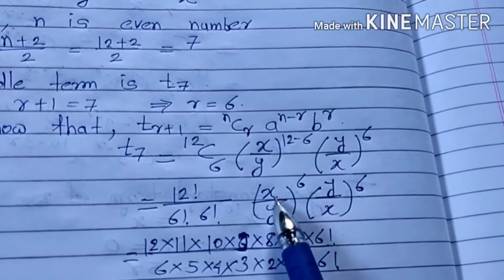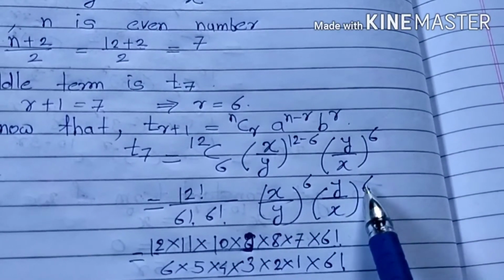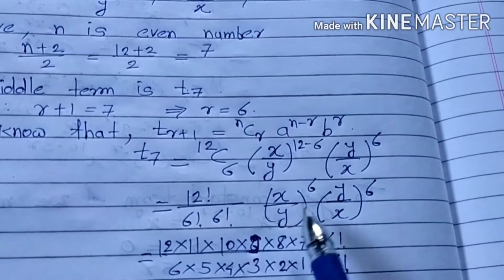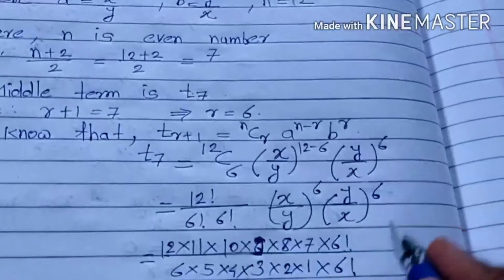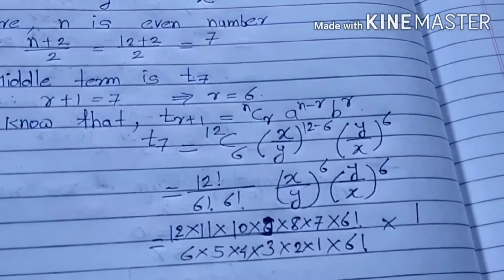Now you can observe that the power of x is 6 here and also power of x is 6, so they cancel. Power of y is 6 and power of y is 6, so they also cancel. So here we get only 1, because all terms cancel.